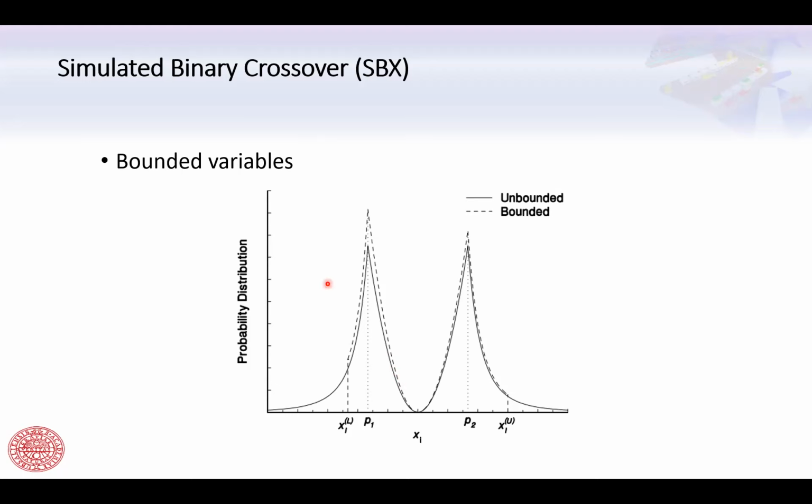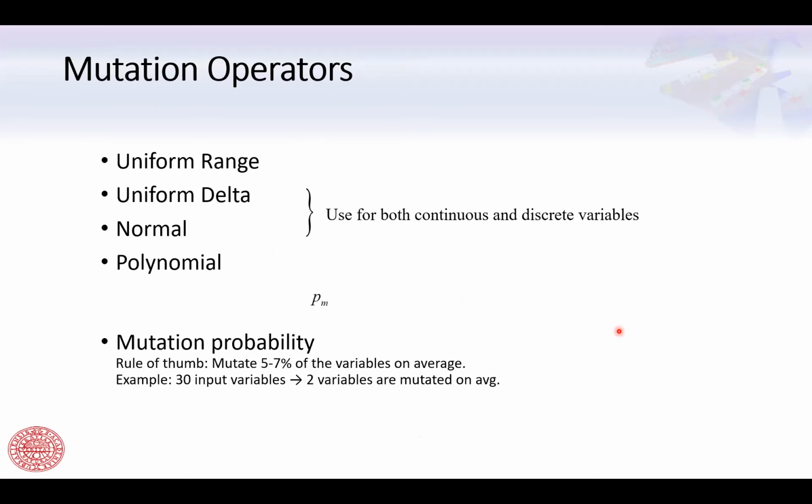That's why with a bounded variable, the shape will be adjusted, and the chance that you get back into the range will be made 100%. The reason is that we are going to select only the area bounded by the dashed line, as you can see there. So unbounded was the original SBX, but with the constraint you get the bounded version. And then if you work with a constrained problem, the algorithm needs to be adjusted in terms of calculating the distributions.